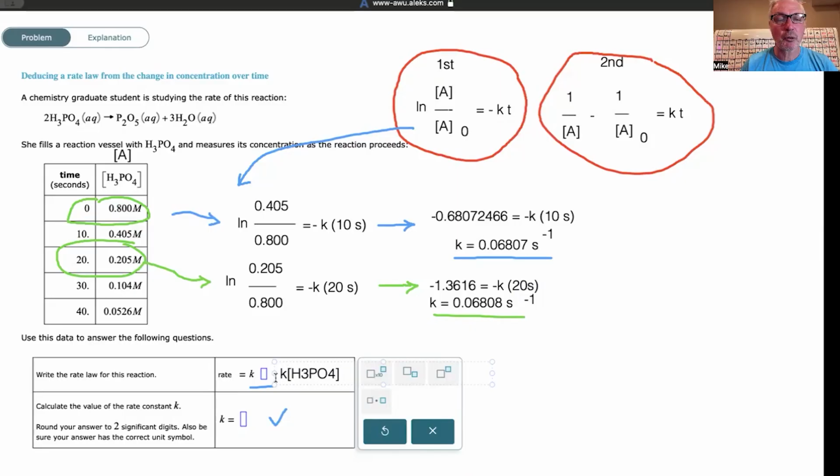Don't do it like I'm doing it. Do it with the proper superscripts and subscripts, to the 1 power. K, as we found out, to 2 significant digits, 0.068, and they want the correct unit symbol, inverse seconds. That's my answer for now. I didn't put it in stone. It's just my answer for now.